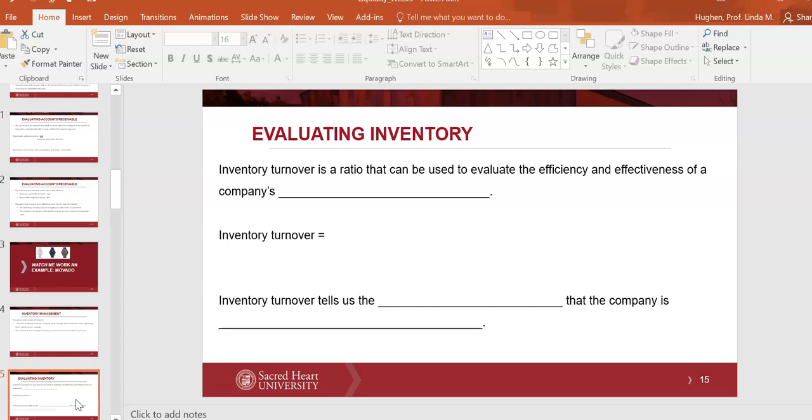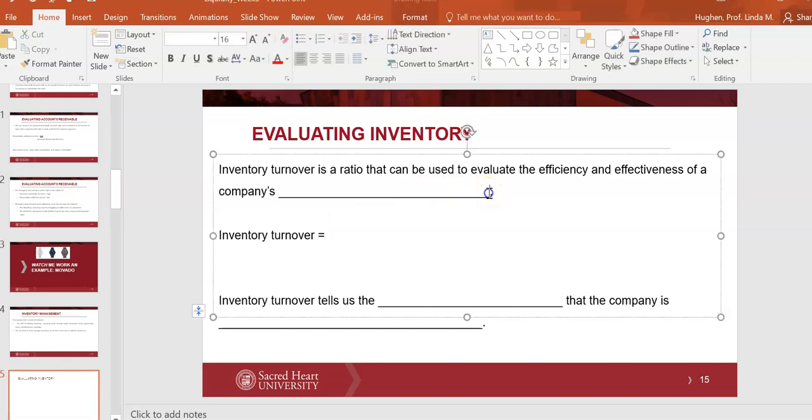How do we evaluate inventory? The inventory turnover is a ratio that can be used to evaluate the efficiency and effectiveness of a company's ability to generate sales from the inventory it holds.